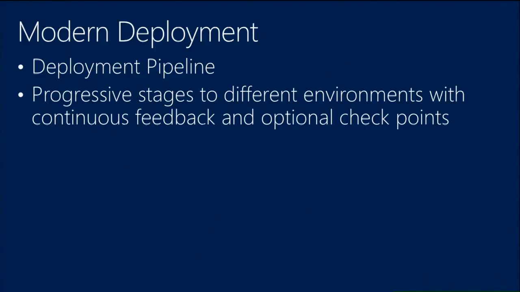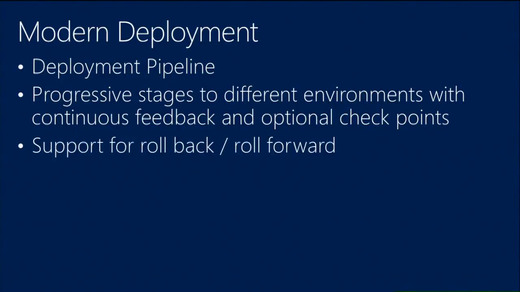Once in a while, we might want a human to say, yes, it looks good. We might want to do some sanity checks. But fundamentally, if we have it automated and we have it repeatable and we get through a couple of those, we start to trust our system. And ultimately, we have to make sure we support a roll back or roll forward mechanism. Most of us, as humans, as users of computer technology, are used to the idea of undo, of the rollback.